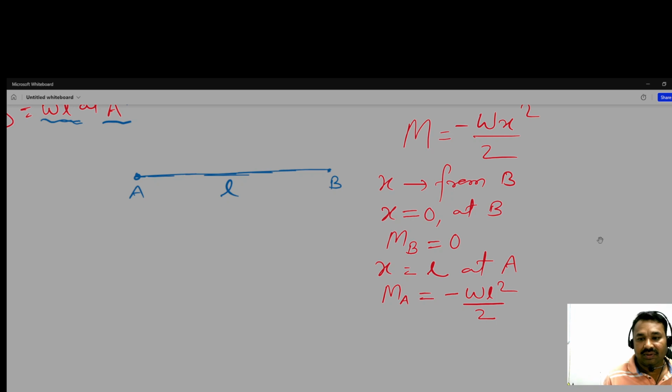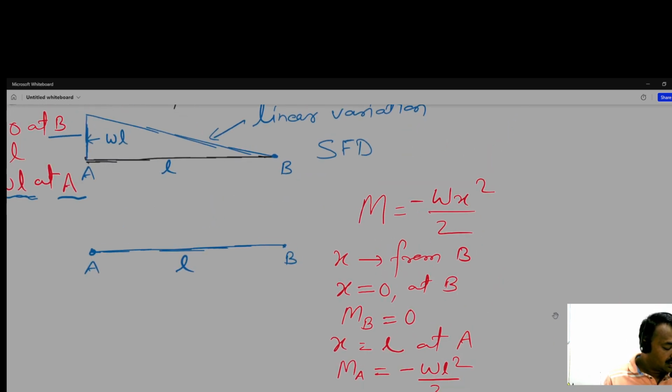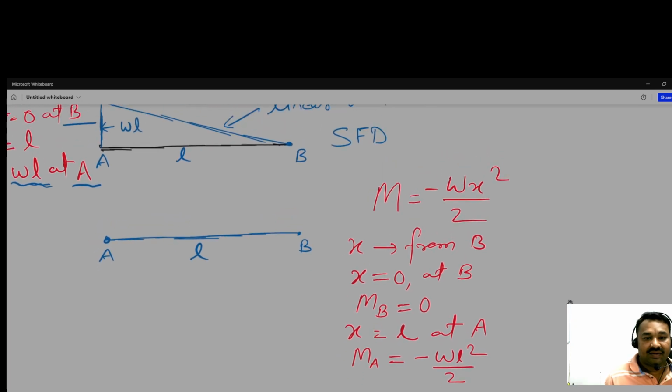With applying the boundary condition, here it is 0, and at A it is a negative value. It is obvious that we draw a line from here.